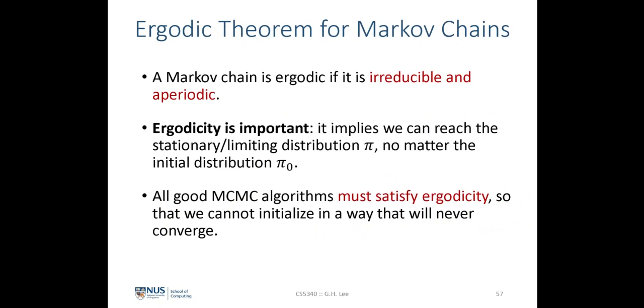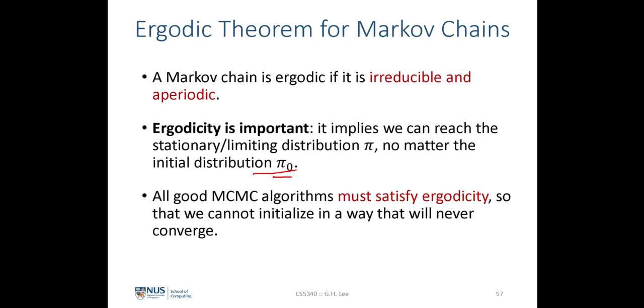And we say that a Markov chain is ergodic if it is both irreducible as well as aperiodic. So ergodicity is very important. It simply implies that we can reach the stationary or limiting distribution pi no matter what we initialize the initial distribution pi 0 to be.